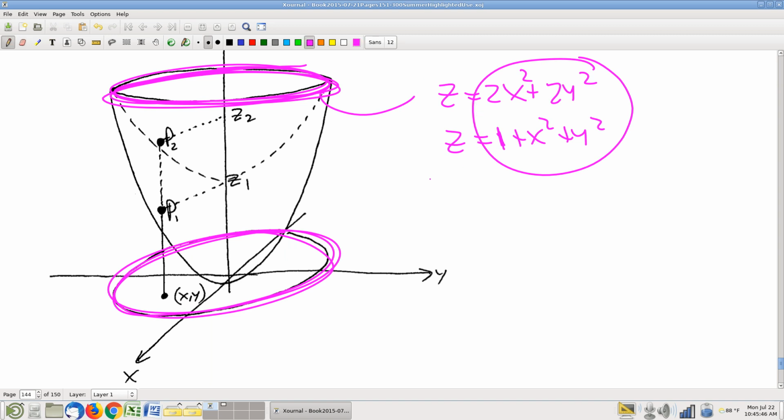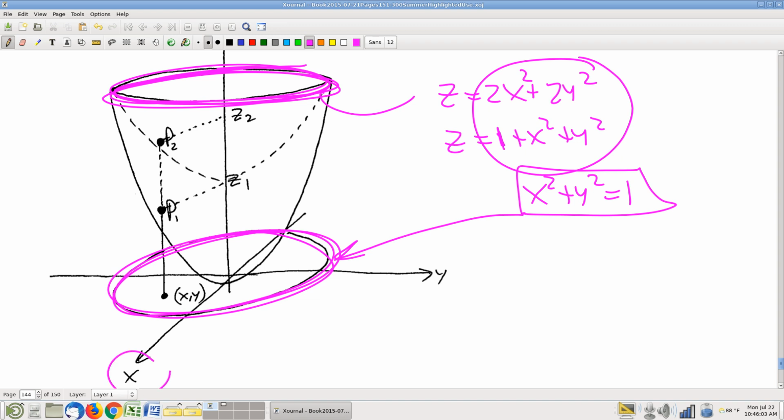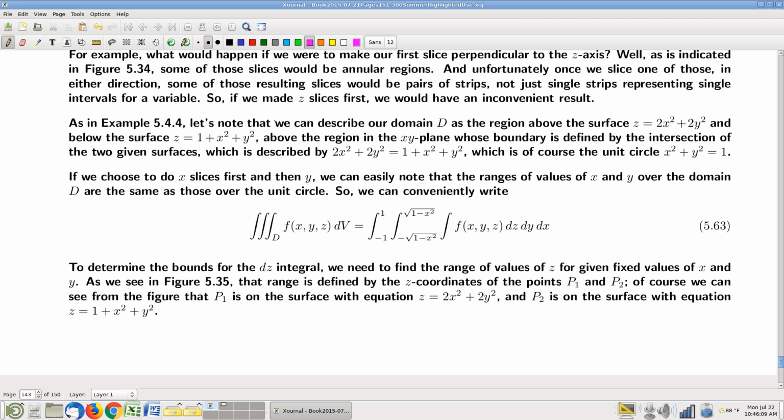Solve, do a little bit of algebra there, and you can persuade yourself that x squared plus y squared is equal to 1. So that's that intersection. And that's the unit disk. And the range of values of x and y on the unit disk, easy. Here we go. X and y on the unit disk.